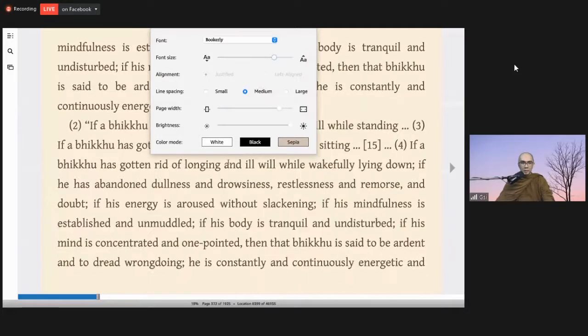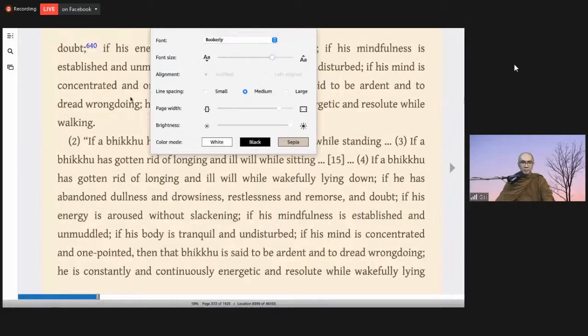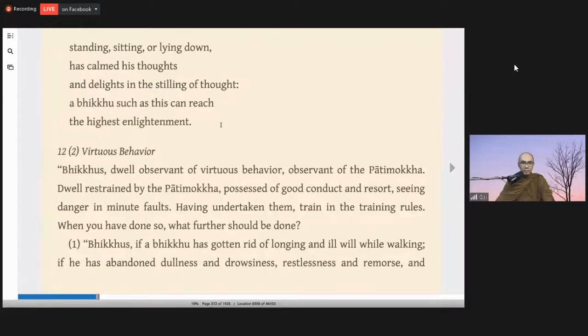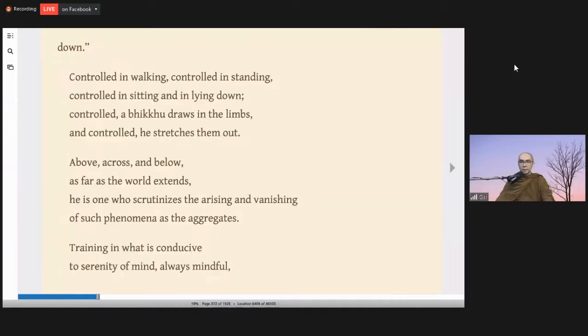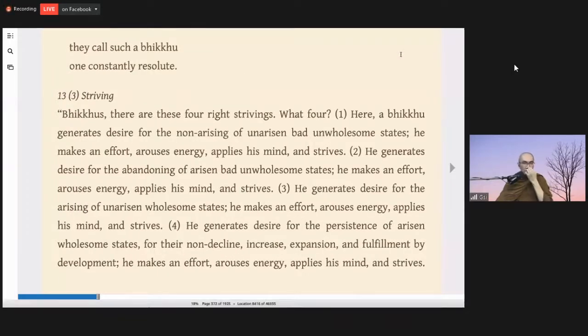Okay, I think you can see here. Virtuous behavior, then striving. All right, this is what I wrote there just now.